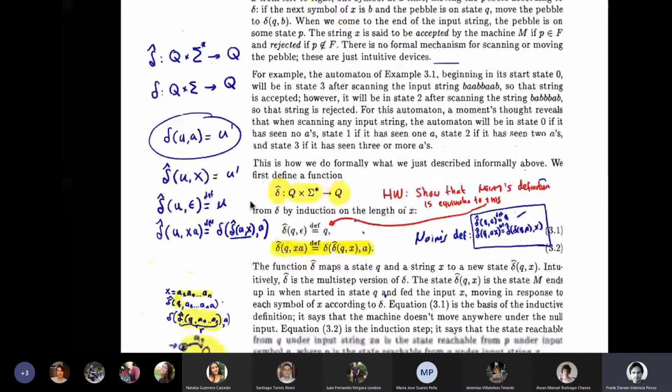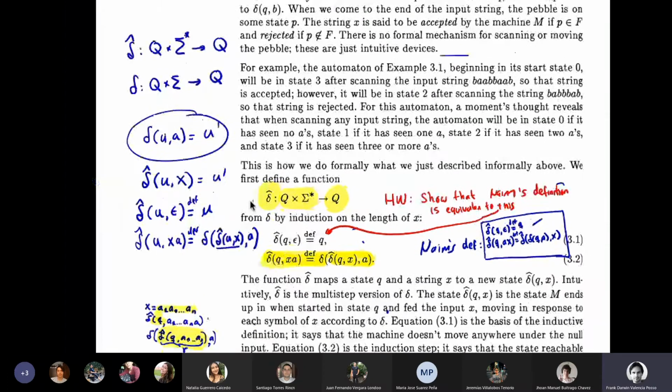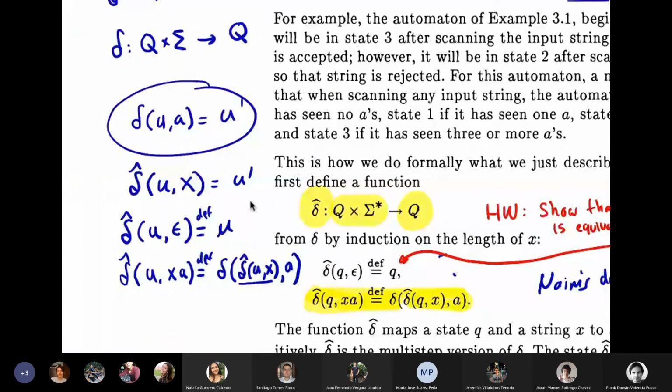And now this thing here was that in the last semester, I think, another good student came up with a different solution, which is different, but it's equivalent. He said something like this. He said, delta hat of state, well, I'm going to change this U, not to confuse you.